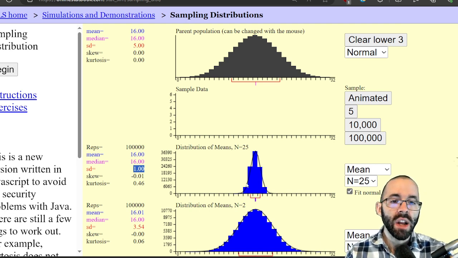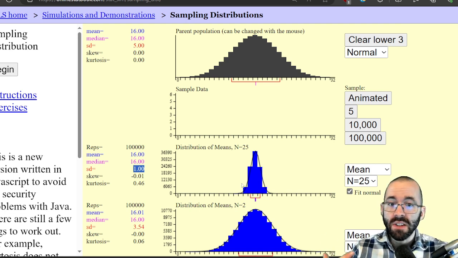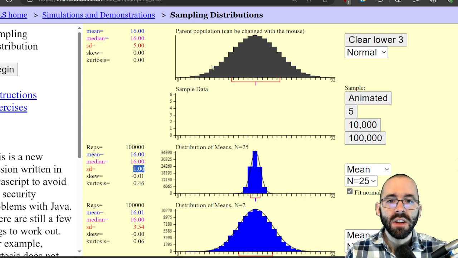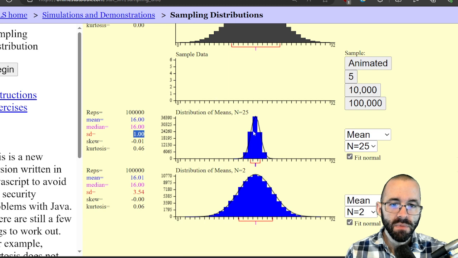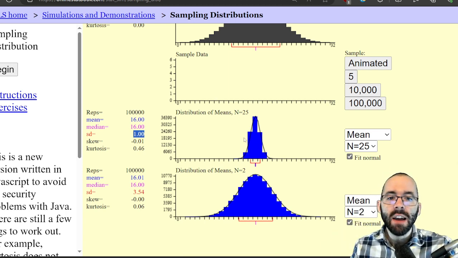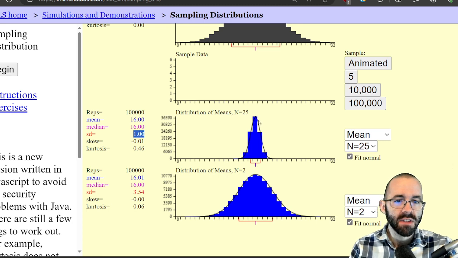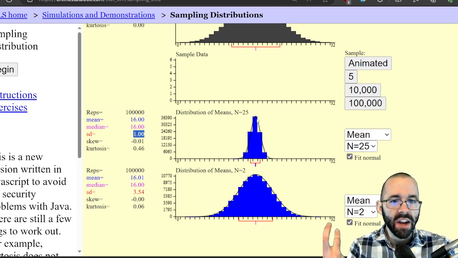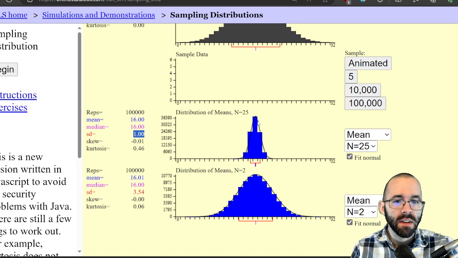We can use this graph to say, here's the likelihood if I look at one watermelon, what we think one watermelon will be. It'll be on average 16 pounds, but we might get something way up here or way down here, but less likely. If we take a sample of 25 watermelons, we should expect that sample to have an average weight of 16 pounds still.